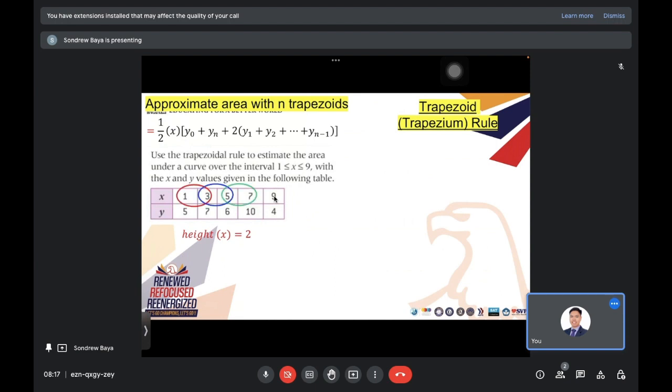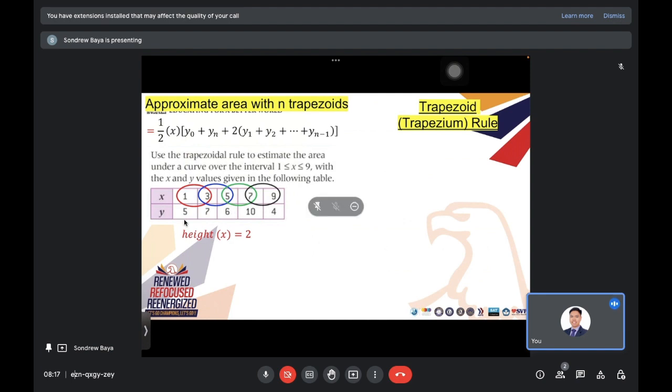Okay, this one. All right. And of course, we also know that this will be our first vertical length, or this will be our first length, second, third, fourth, and fifth. So in this case, we actually have here 5 trapezoids.